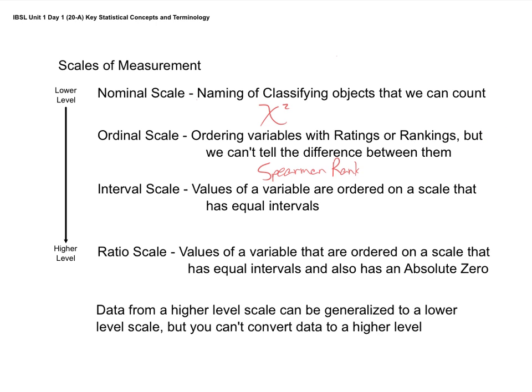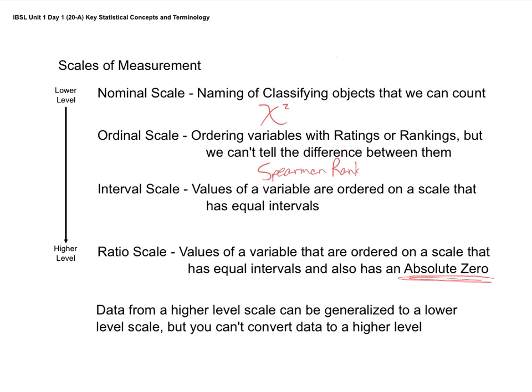Now, the difference between interval and ratio is the fact that ratio has an absolute zero. That's kind of the key here. And the reason that's key is that if we have an absolute zero, then we can consider things in ratio to each other. You can't say that 90 degrees is twice as hot as 45 degrees.